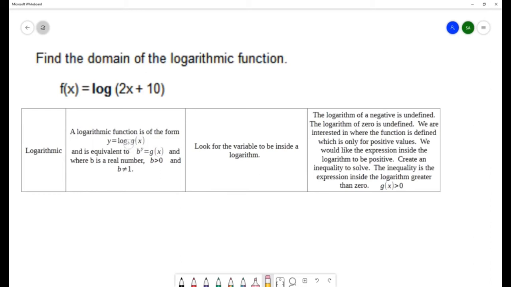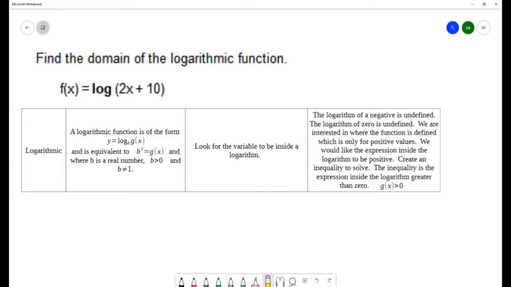You'll notice that the base of the log is the same as the base of the exponential. The log equals y, and y is in the exponent. So a logarithmic expression is really an exponent. And then this exponential expression equals g of x, and that is the expression we have inside the logarithm.